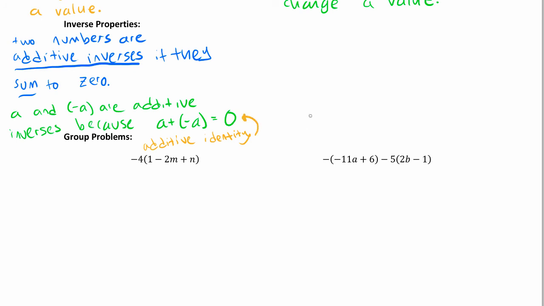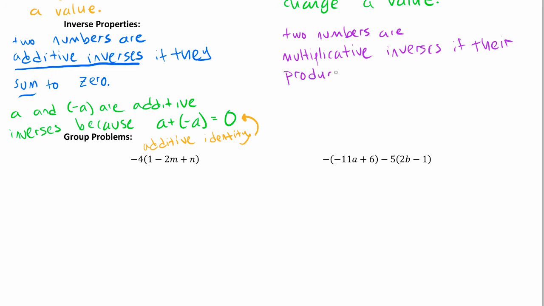Right there. And then 2 numbers are multiplicative inverses if their product, so now I'm talking about multiplication, is the multiplicative identity, which is 1.